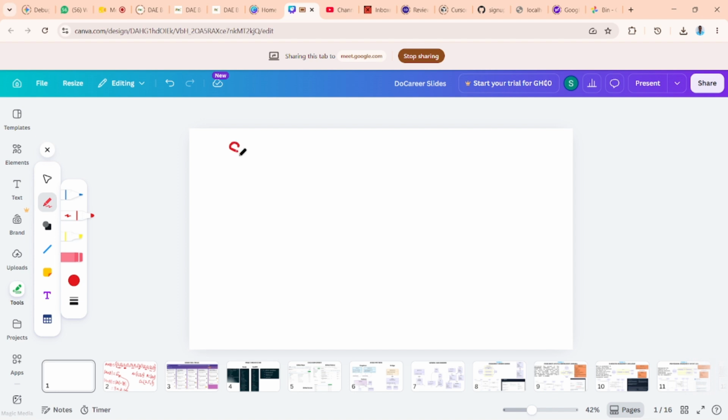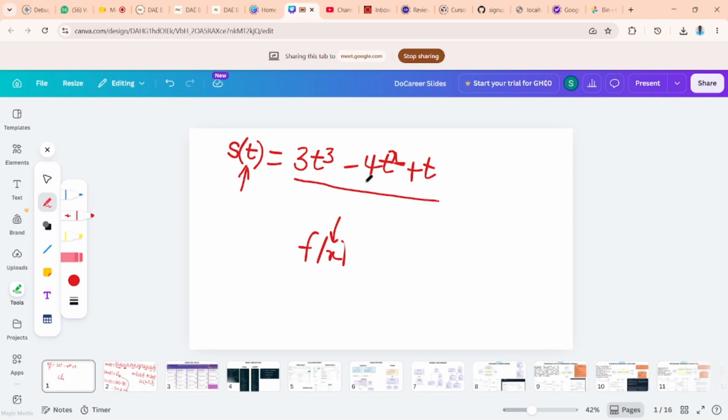For distance, we use s, a function s of t, so it's not f of x or something like that. Say 3t cubed minus 4t squared plus t, for example. So this is distance in terms of t. You see that t is there. It's not always x. So f of x is a general format for you to know how things are, but t is our variable in this case.